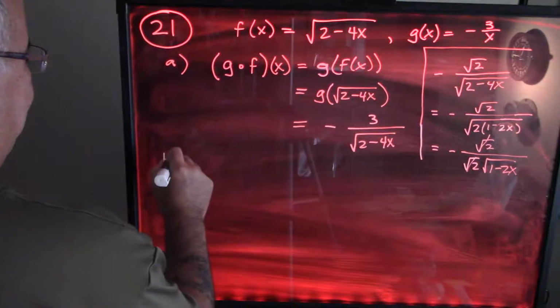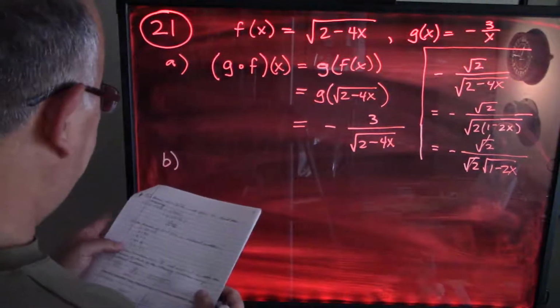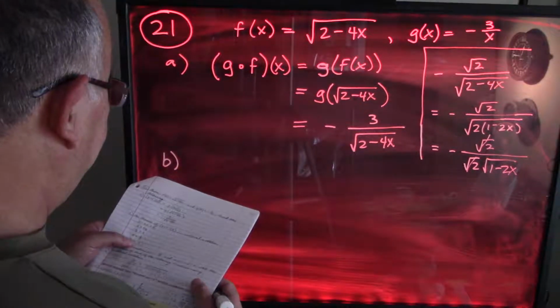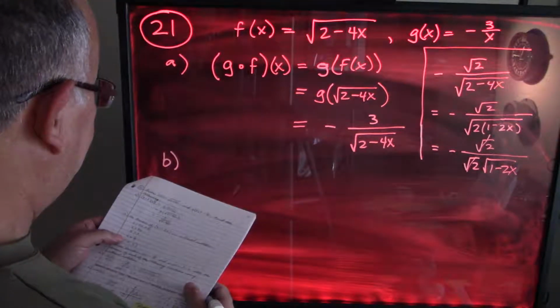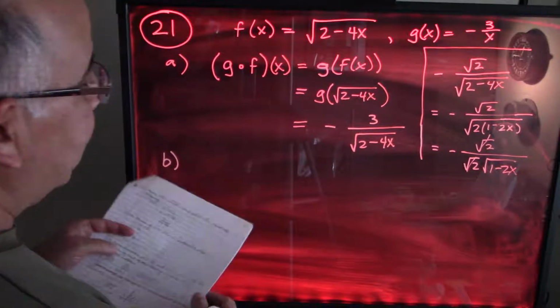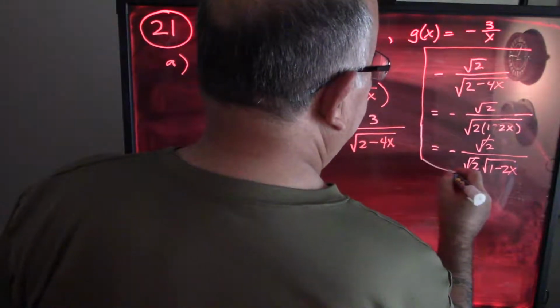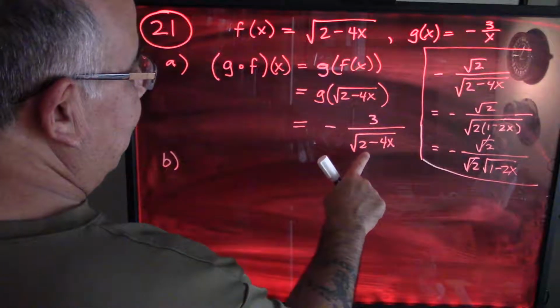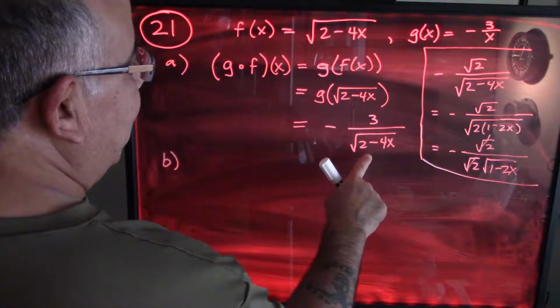Alright, letter B, second part. The domain of g composed with f of x in interval notation. What's the domain? Okay, box this off here. Alright, well, looking back at this one, what is the domain of this?